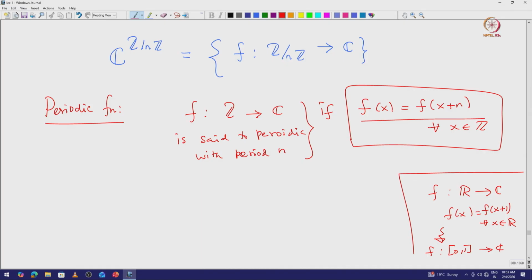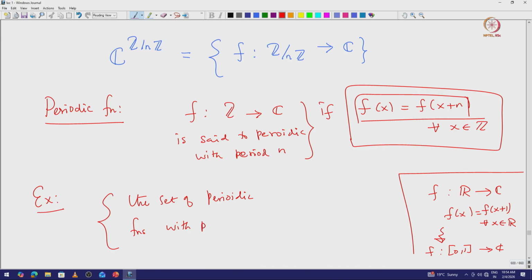Okay. So, then it is easy to see, maybe I will leave it as an exercise, that there is a bijective correspondence between the set of periodic functions with period n and the elements of this C power Z modulo nZ. So, if we take this set of periodic functions with period n, then there is a natural one to one correspondence between this and C power Z modulo nZ.